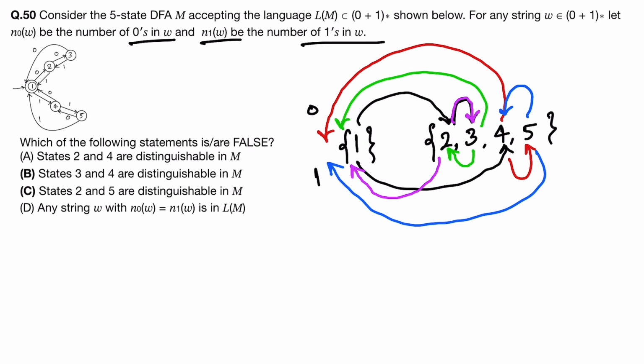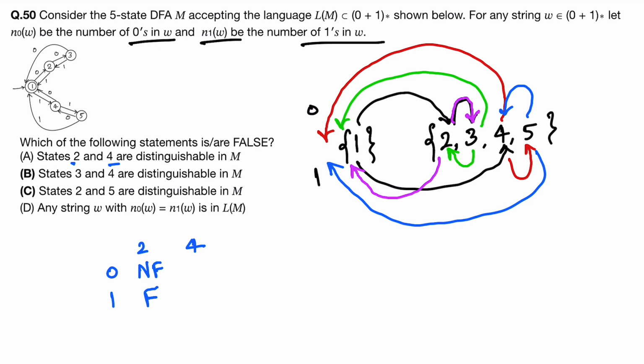So see here the behavior, which can be compared by looking at this diagram. No need to compare 1. This is the final state, a separate group. It is asking about 2 and 4, so just compare 2 and 4. 2 on 0 goes to a non-final state. 2 on 1 goes to the final state.